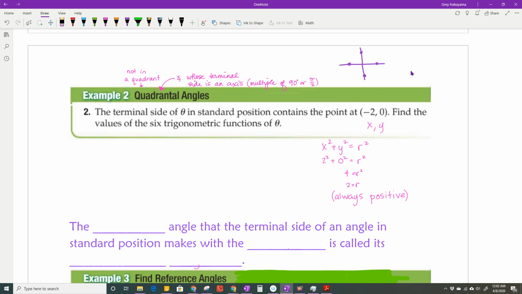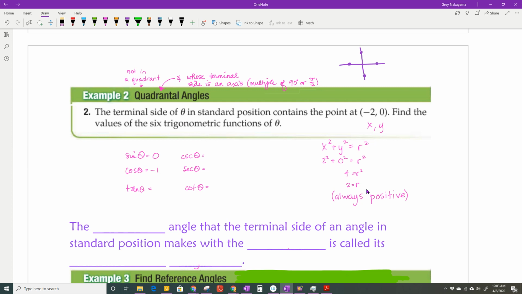So if we write our trig functions, we've got our sine, cosine, and tangent. And the reciprocal functions are cosecant, secant, and cotangent. So my sine is y over r. What is y? 0. 0 over 2 is 0. Cosine, negative 2 over 2 is negative 1.